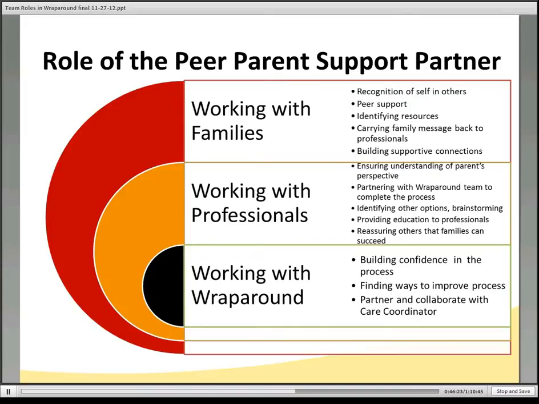In working with professionals, having someone that's walked in the parent's shoes really creates an understanding of the parent's perspective. So many times I've been able to use an instance that I've experienced within my own family in receiving services for my child, and convey that to a professional who may not have even considered how something might appear to a family.